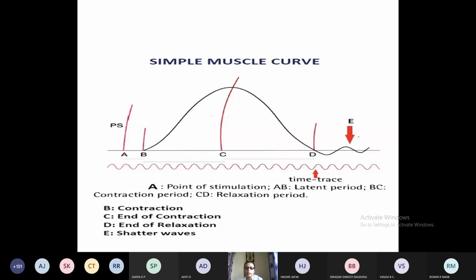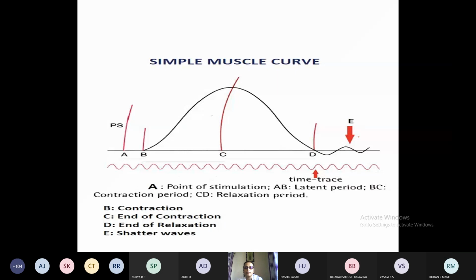With the help of that lever, the graph will be written on that white paper. Everything is available in our amphibian laboratory. Once you come back, I will show you how this instrument works.